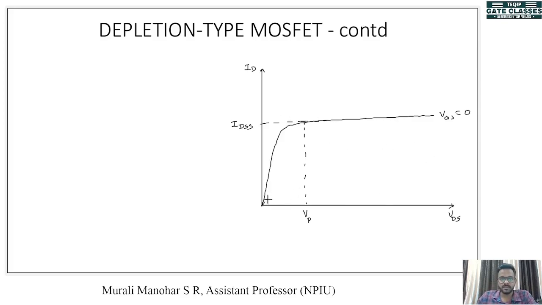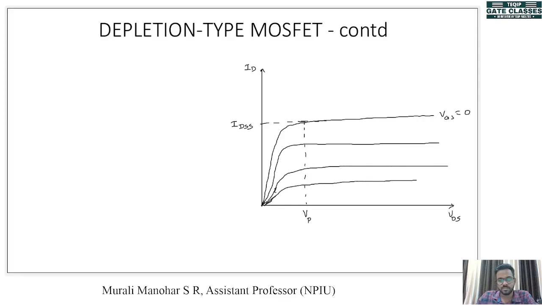Now we can give negative values for VGS and the characteristics will look like this. And when VGS equal to VP, we will get a characteristic like this. That is, the current will be 0. So this is VGS equal to VP. Now this is the characteristics.